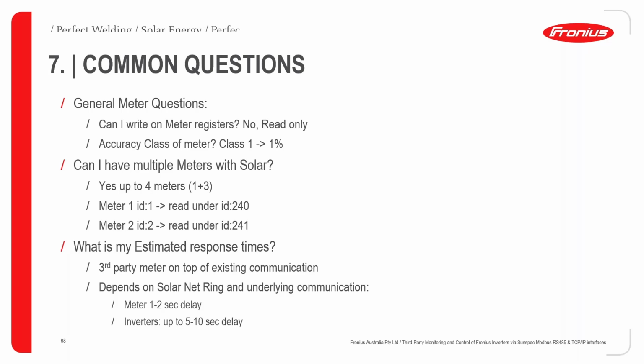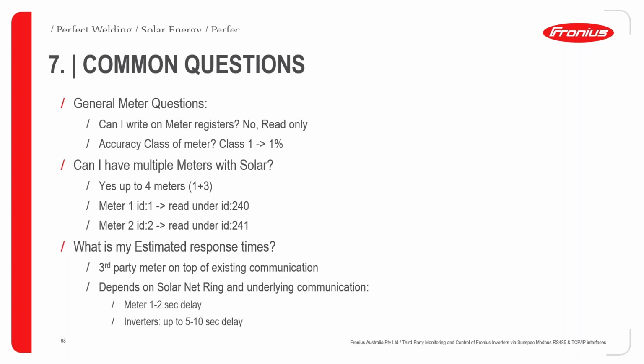Another good question: estimated response times. To answer the question, we really need to understand how the application and the system look. How many devices will be connected? Are there third-party meters? How will the interfacing be oriented?